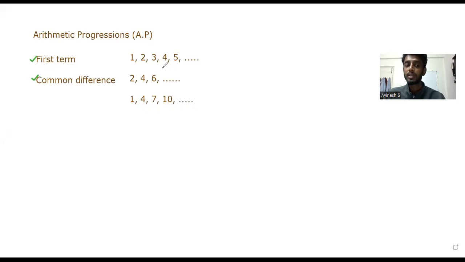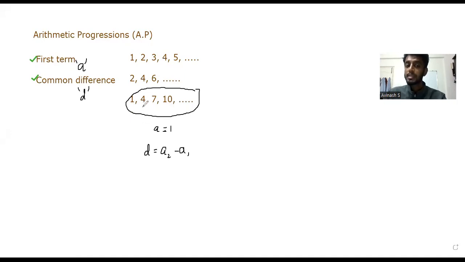Now let us learn the notations. The first term of an AP is represented as a and the common difference is represented as d. Let me show it for the third example. For the third example, a is 1 because that is the first term. The common difference can be written as d equals a2 minus a1.